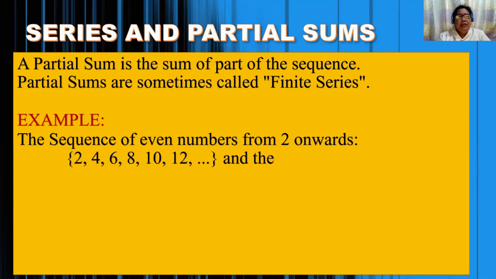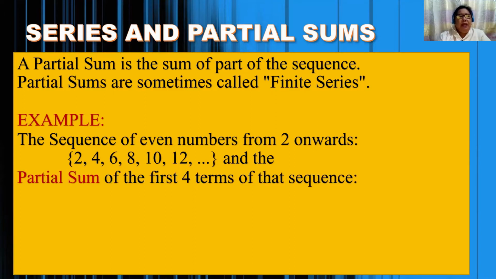So we have the set of 2, 4, 6, 8, 10, 12, and so on. And the partial sum of the first four terms, which are 2, 4, 6, 8, of that sequence is equivalent to 20. So 20 is the partial sum.